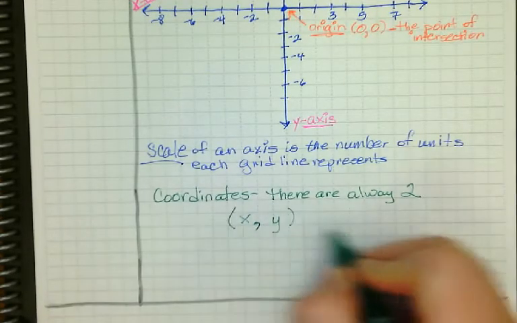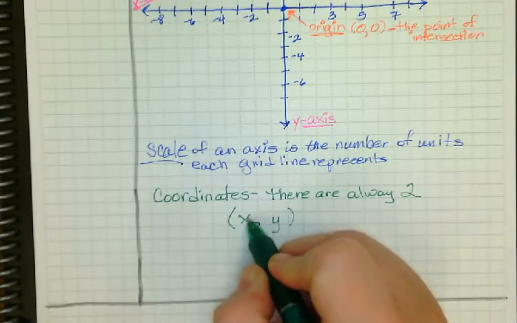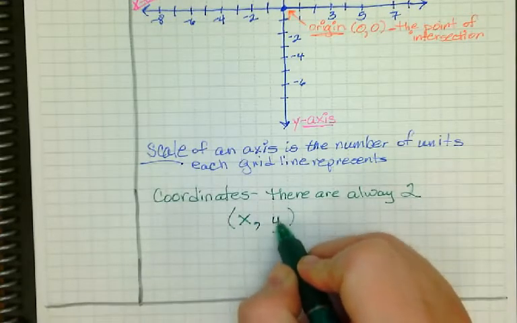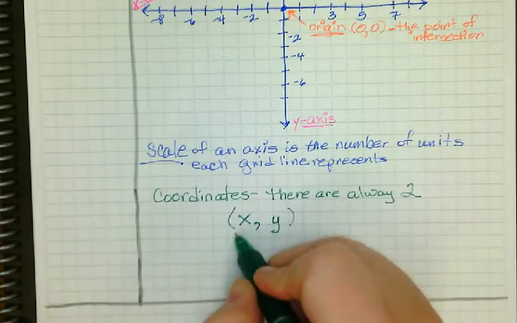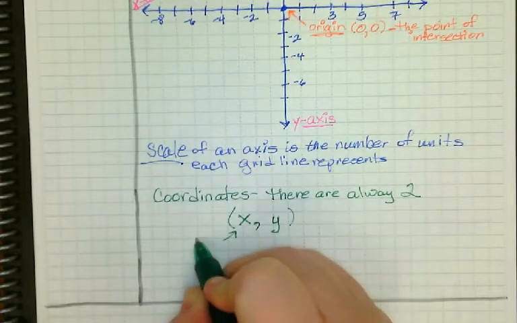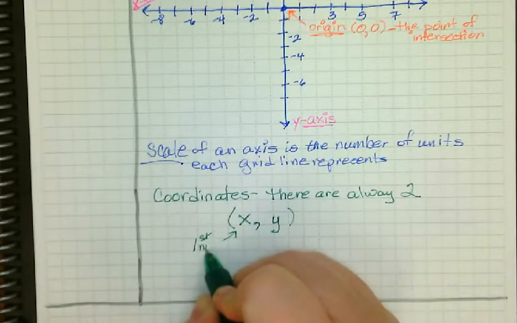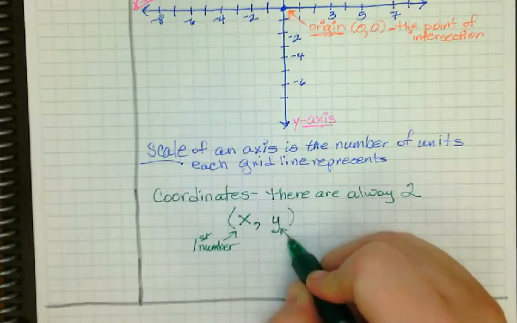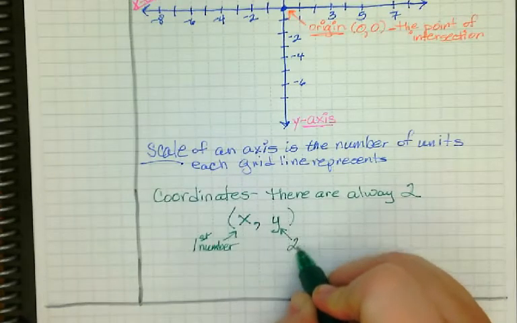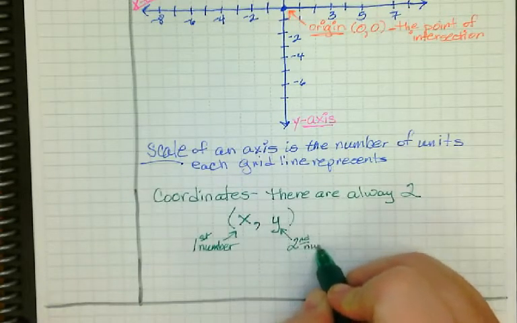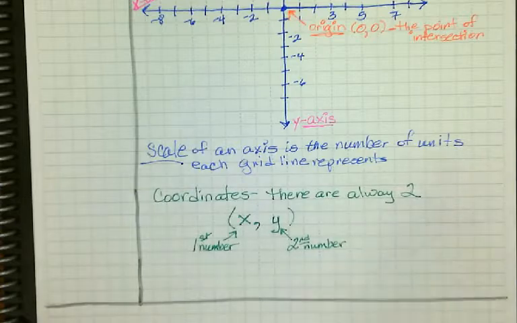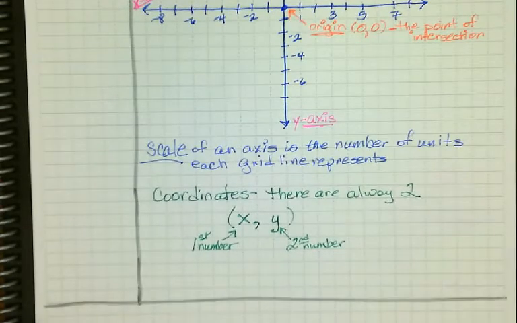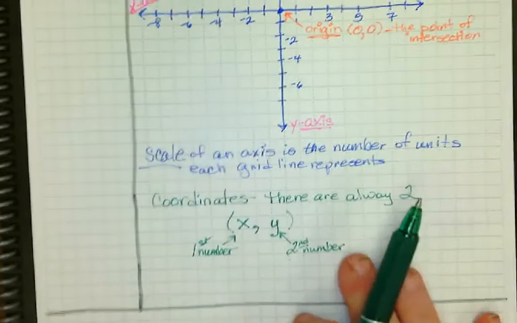And they're written just like that. It's always the x is first and the y is second. Okay? So this is your first number. And this is your second number. And I'm going to show you how to graph things like that in lesson 3. Okay? So, let's go back up here.